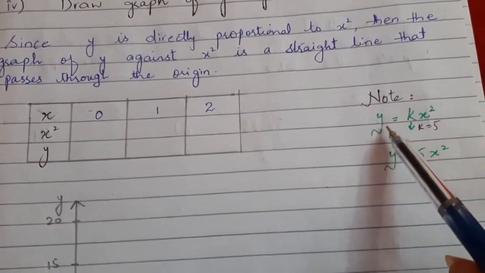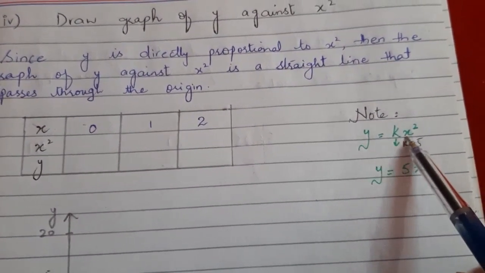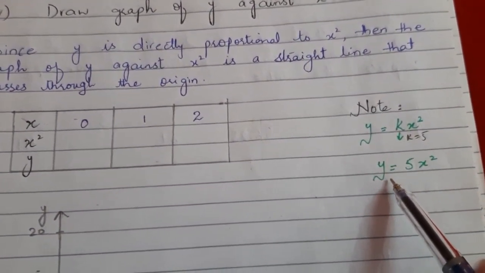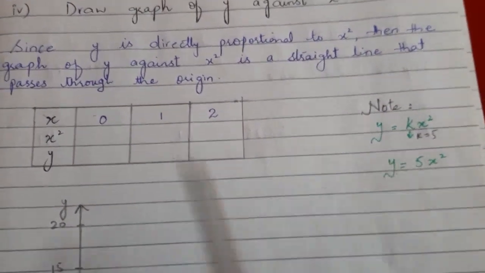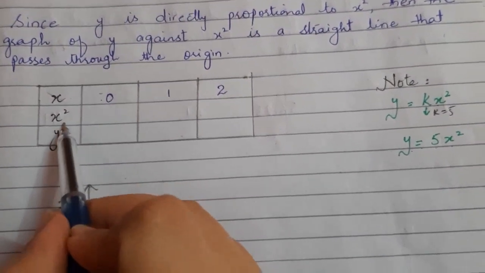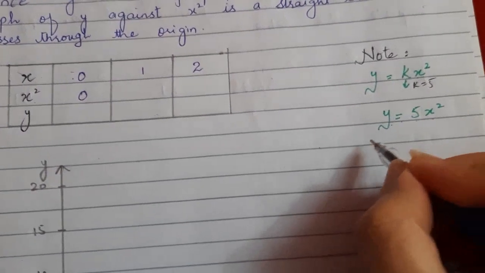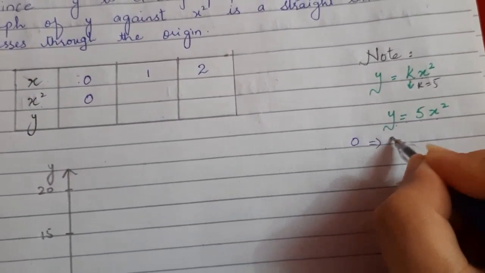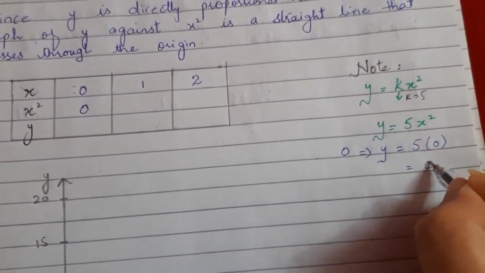Here it is a note. We know that the equation for y directly proportional to x square is y equal to kx square, and in the first part we have done with this equation that y is equal to 5x square. When we take the value of x as 0, the value of x square will also be equal to 0. It means that for 0, the value of y is equal to 5 into 0, which is equal to 0.